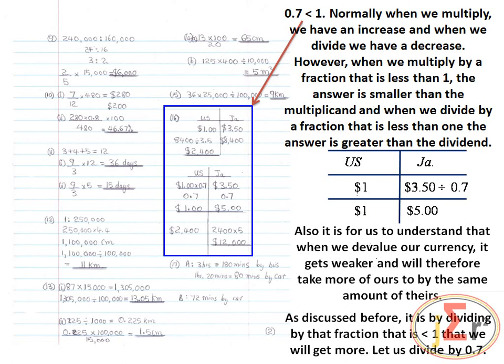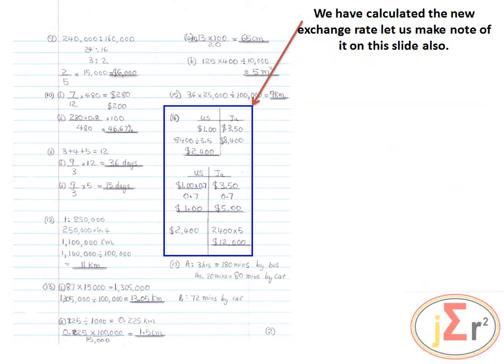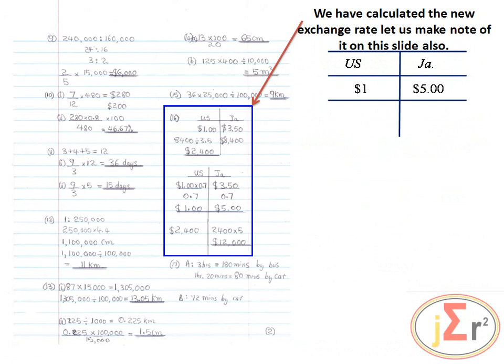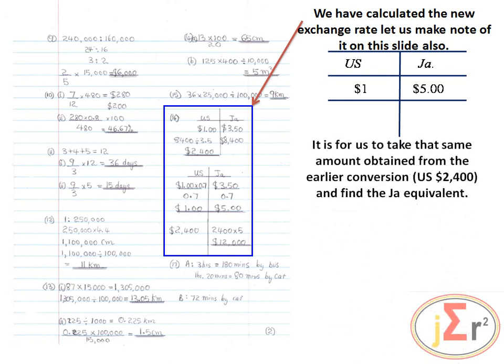Like that. We have calculated the new exchange rate. Let us make note of it on this slide also. So our new exchange rate comes up as 1 US to 5 Jamaican dollars. We will take the same amount obtained from the earlier conversion.